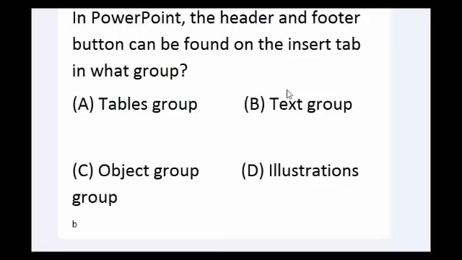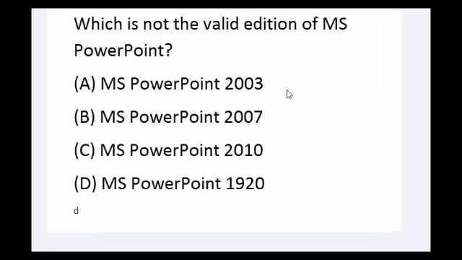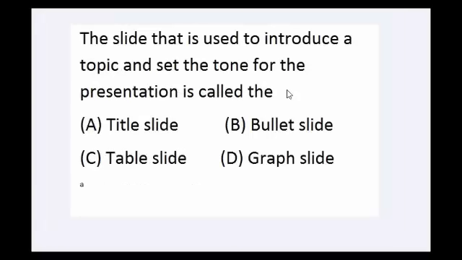In PowerPoint, the header and footer button can be found on the Insert tab in what group? Table group, Text group, Object group. The correct answer is Text group. Which is not a valid edition of MS PowerPoint? MS PowerPoint 2003, 2007, 2010, 1920. The correct answer is MS PowerPoint 1920. The slide used to introduce a topic and set the tone for the presentation is called the title slide, bullet slide, table slide, or graph slide?